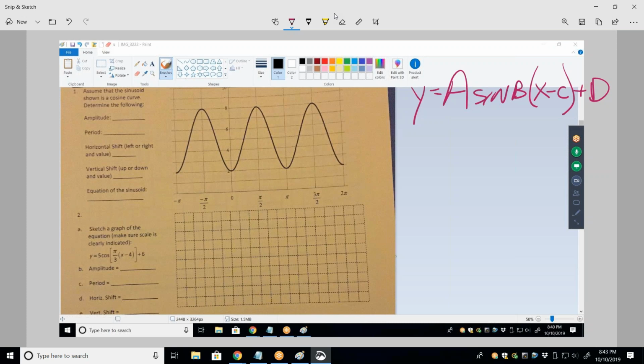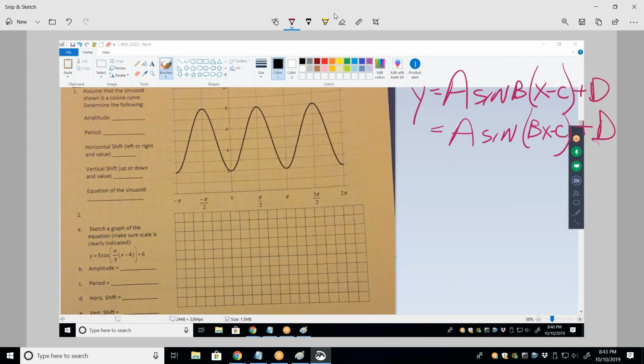The other alternative is the b can be inside the parentheses. That's the key difference. So it's like this then. And they're different. They're definitely different. In the first one, your phase shift is c. In the second one, it's c over b.